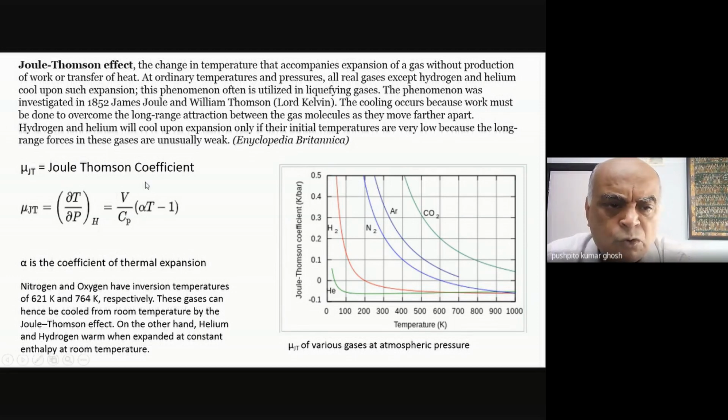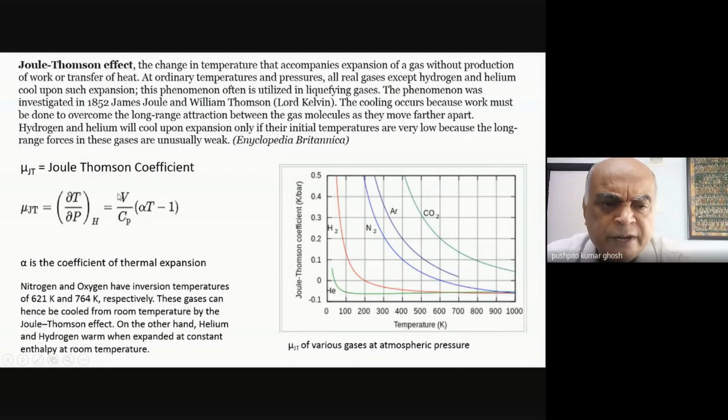So if you have to write down the expression for the Joule-Thomson coefficient, it is basically the change in temperature with change in pressure at constant enthalpy. So that's really what the Joule-Thomson coefficient is.